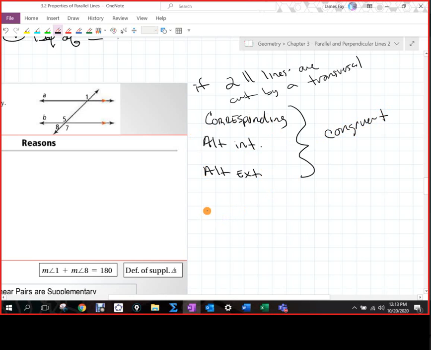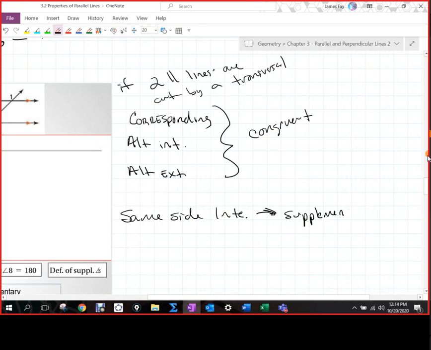Okay, if you remember same side interior angles, what was the relationship between those? They were supplementary. That was the one grouping of angles that were different, and that's the one that people usually struggle with, mainly because we'll do 4, 5, 6, 7 problems in a row that deal with corresponding, alternate interior, or alternate exterior, and you just get in a habit of saying, whenever I get this picture of parallel lines and a transversal, I'm always putting these parts congruent to one another.